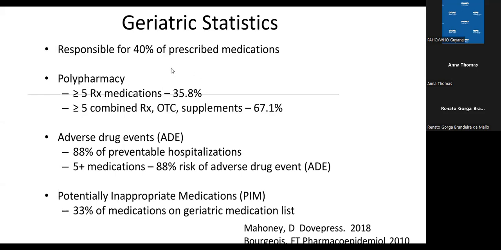Polypharmacy occurs in more than 35% of all the patients. And if you consider over-the-counter medications and supplements, 67% of older patients are under polypharmacy.